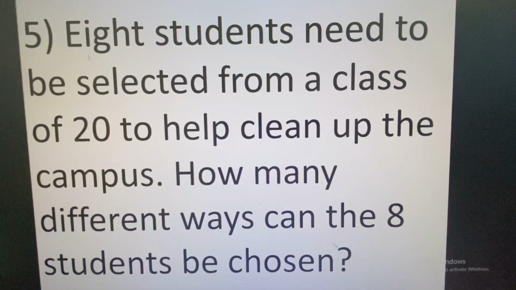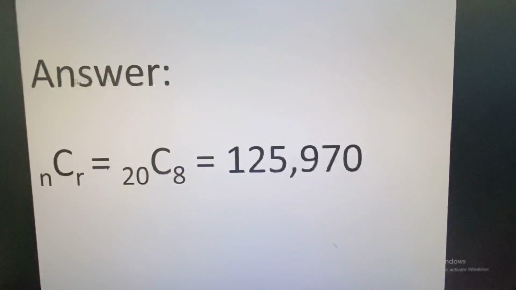So this question is about combination, so we will use the formula nCr is equals to 20C8, so it's equals to 125,970. So this is the answer.